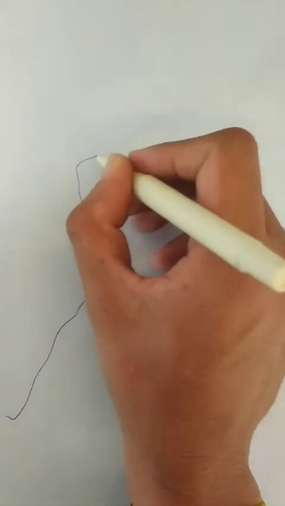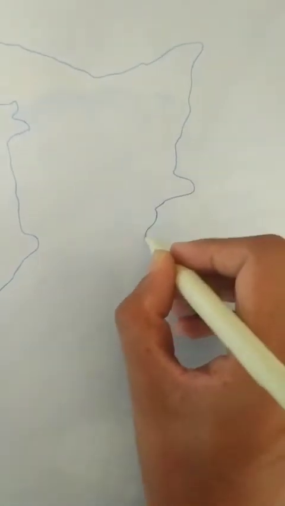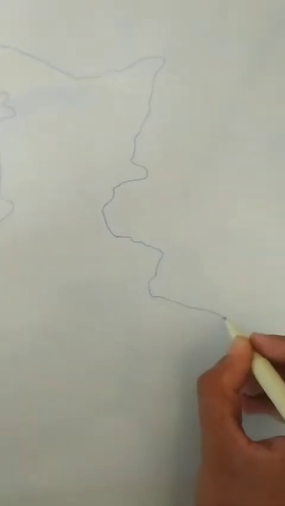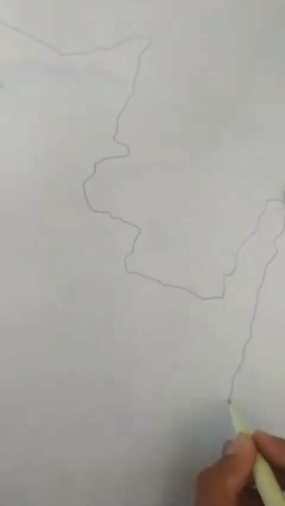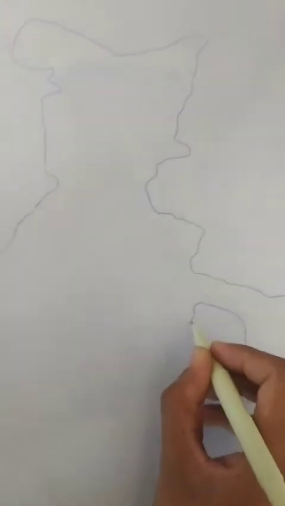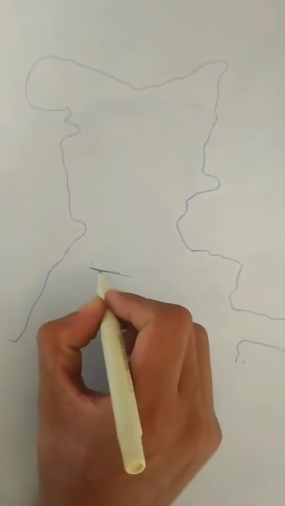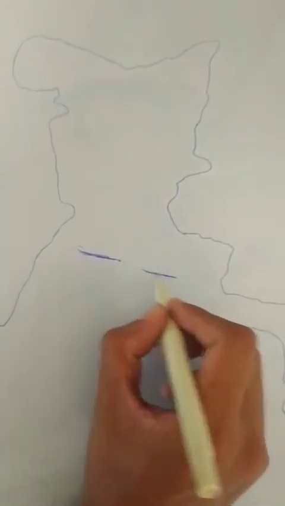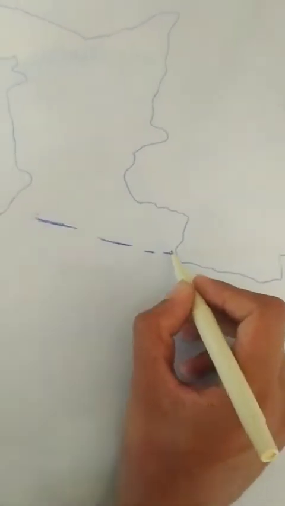India. I will draw the northern section of India here. Here the Pir Panjal range is located, here the Dhauladar range is located, here the Nagtibba range, and here the Mussoorie range is located.